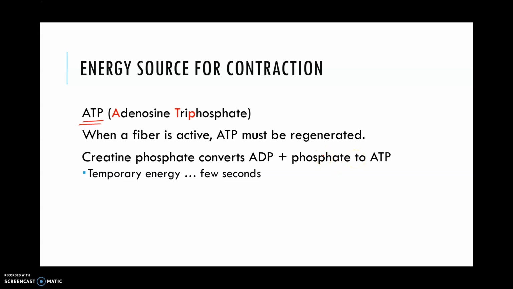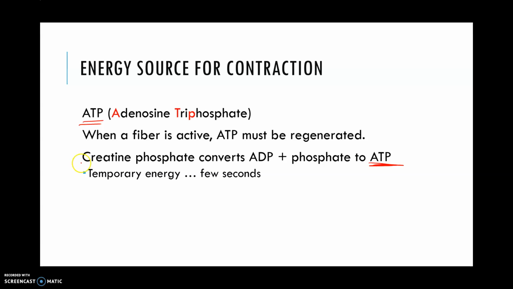We're going to use the energy from that broken bond to move that head, but afterwards we need to regenerate that ATP. So we're going to have to take this ADP and that phosphate and remake this bond to make ATP.